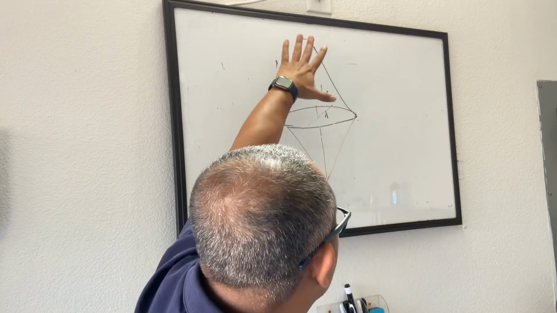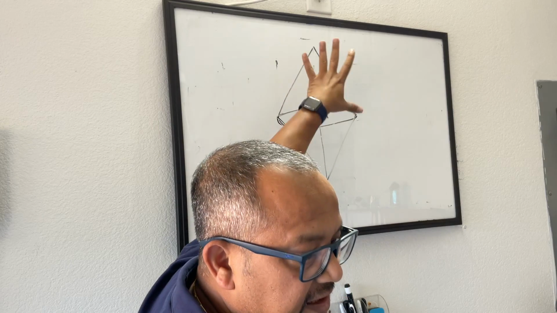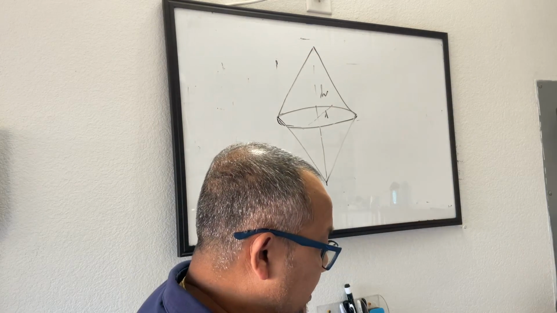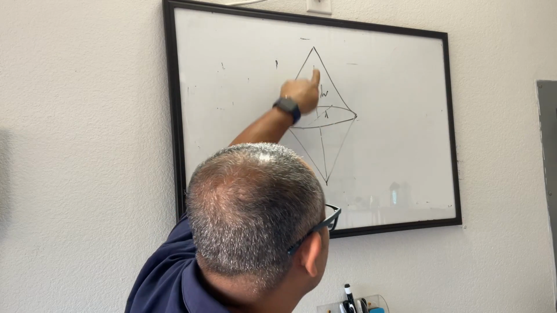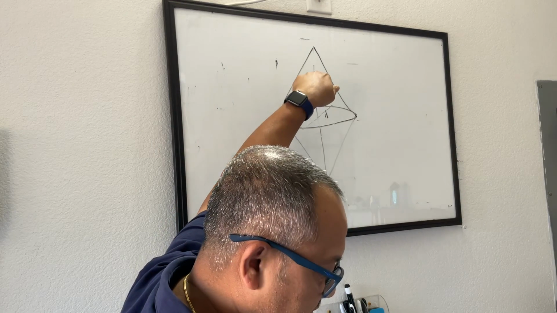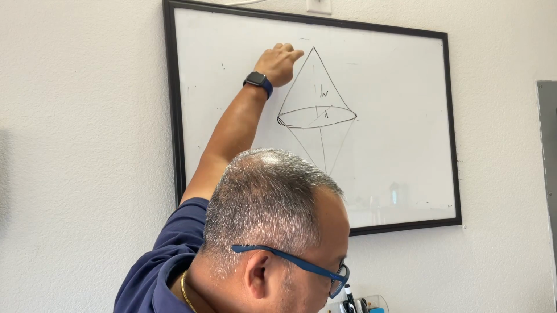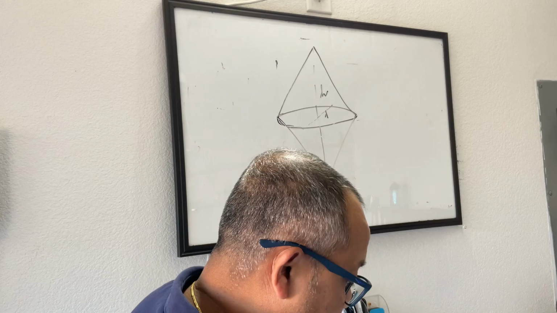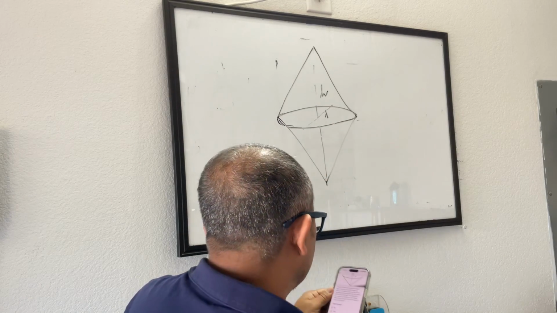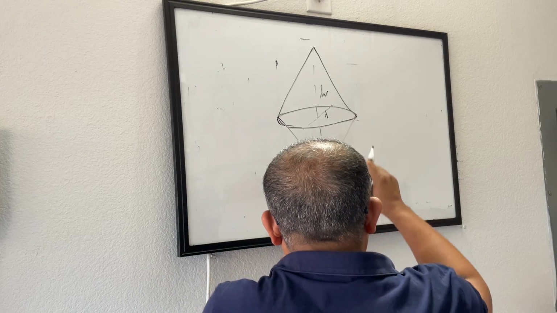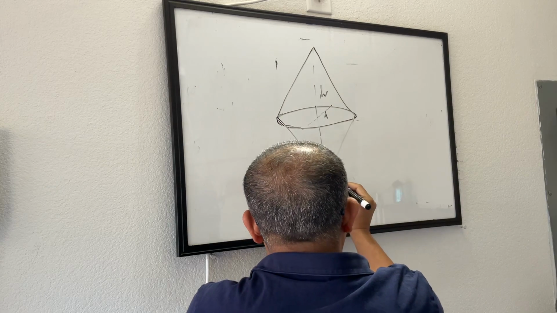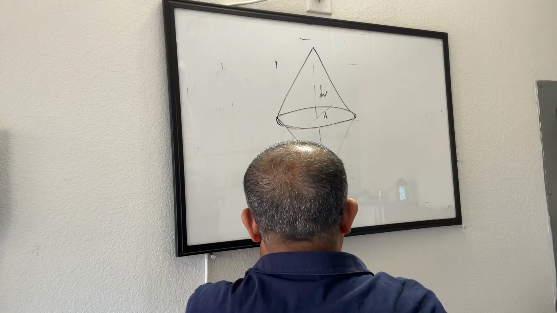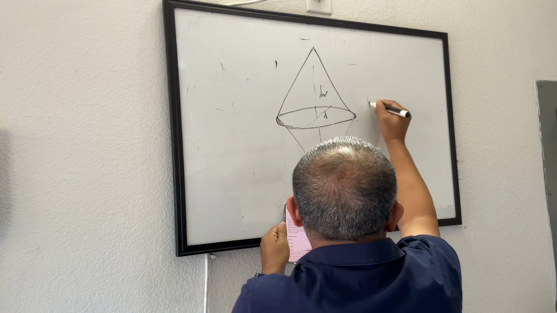The height of the top, which is getting created by fusing these two right circular cones, is h. This whole height is h, which is the distance between the two cone points, is 6 centimeters.